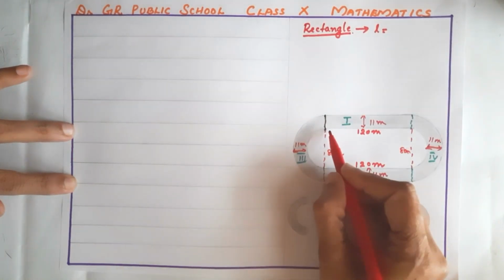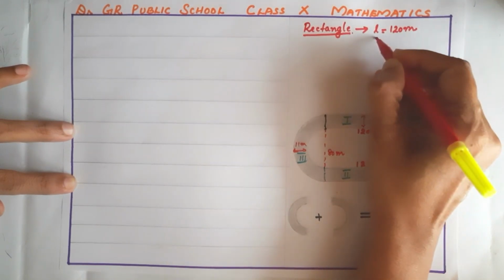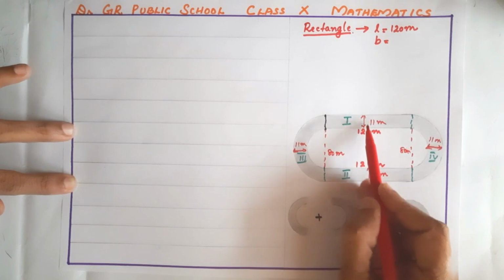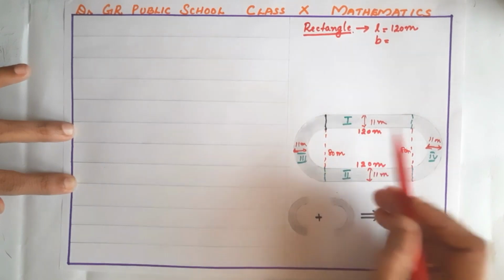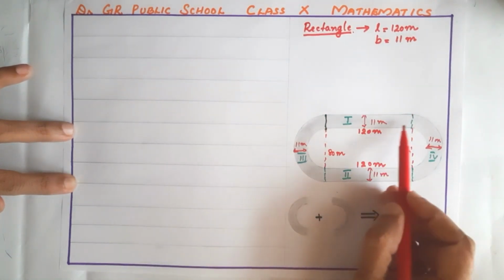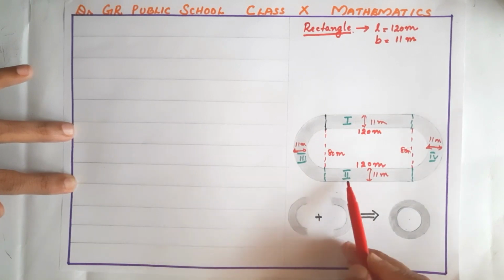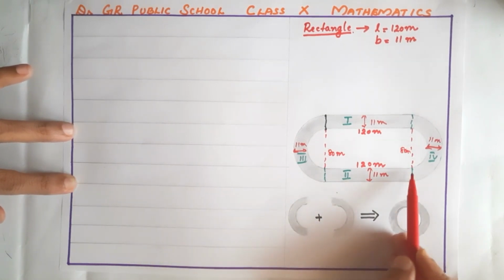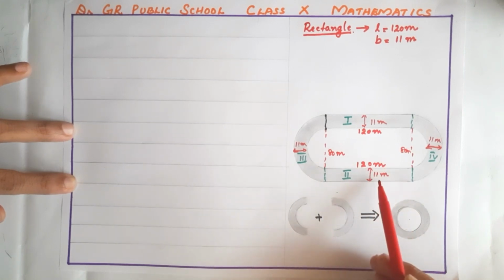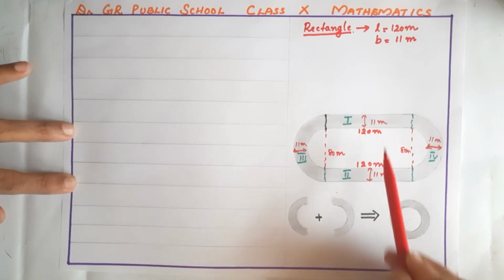Length is given as 120 meter. And what is breadth? Breadth is this width, isn't it? That is 11 meter. So we can find out the area of the first portion, L into B. And the second portion also, again it is a rectangle of the same measurement, isn't it? 120 and 11. So we have 2 times the area of a rectangle.